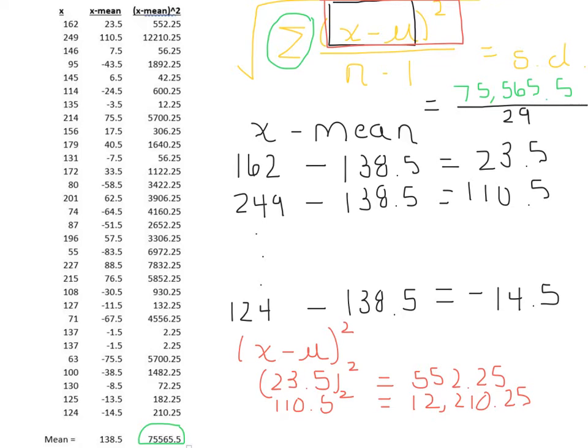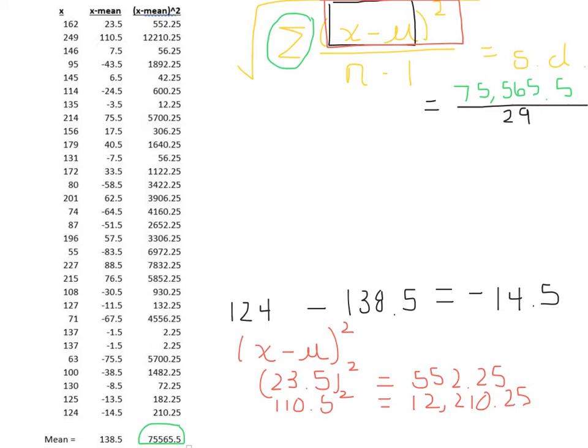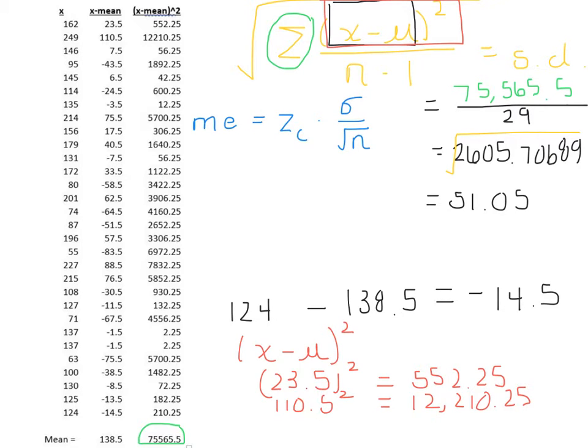And when I calculate that value, I have what's called the variance. In this case, my variance comes out equal to 2,605.706,897, and so on, running out of space. To determine my standard deviation, I have to take the square root of that value. And I get a standard deviation. If I round, say, to the nearest tenth, I get a standard deviation equal to 51.05.